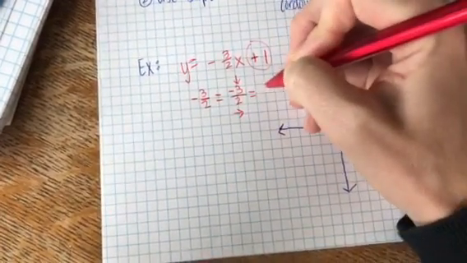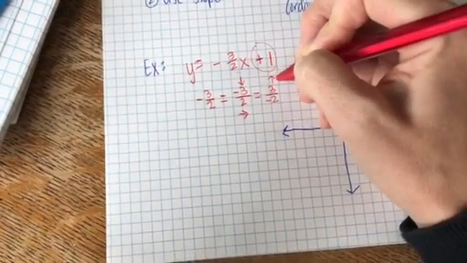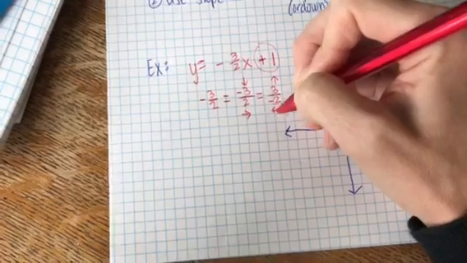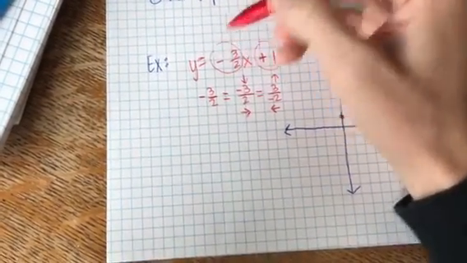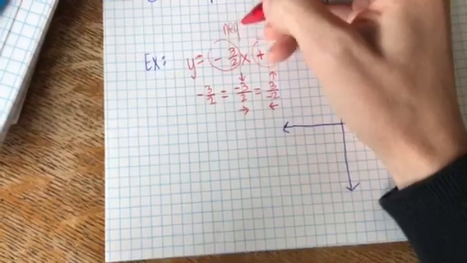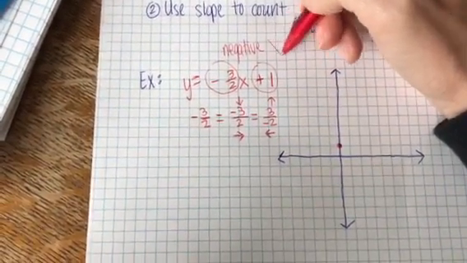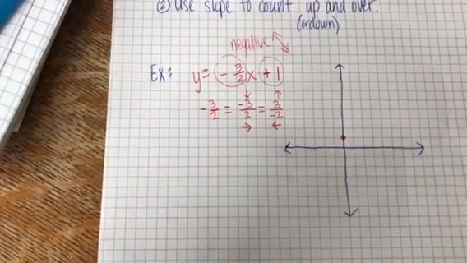I can also have 3 over negative 2, which would mean I move up 3 and I move to the left 2 in a negative direction. Either way, my slope is negative, and so I want to make sure that when I'm done graphing, my line is slanting down to the right, because that's what a negative line will look like.